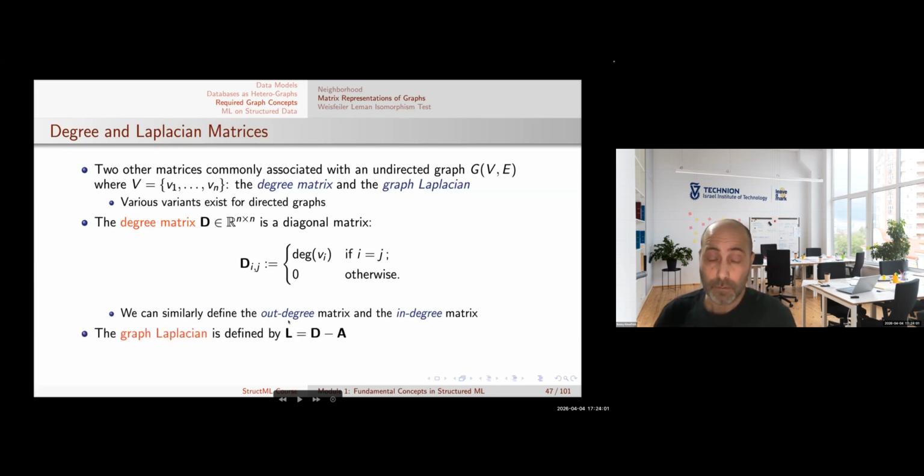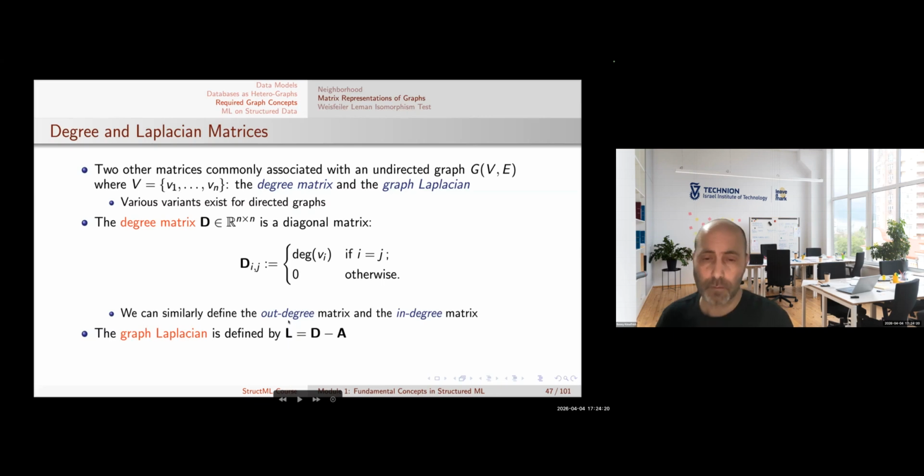And then the graph Laplacian is defined by taking the degree matrix and subtracting the adjacency matrix. I'm not getting into why the graph Laplacian is useful. We will encounter that in the course, but for now, just take it as a definition.